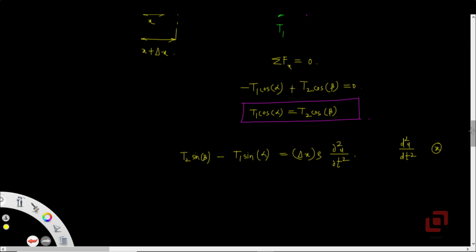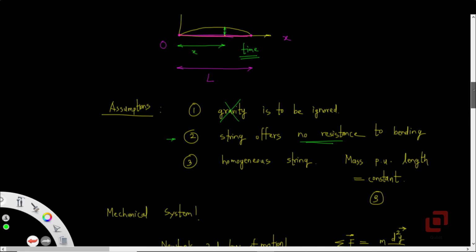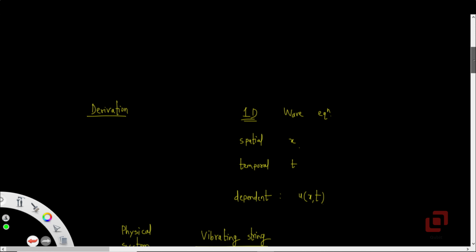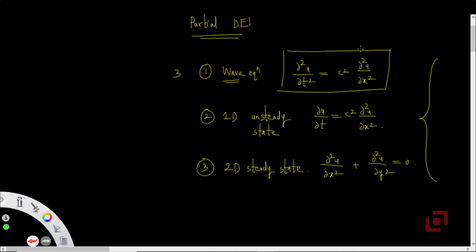So now you may have noticed that one of the partial derivatives which exists in the differential equation that we are studying, this one, has already come, the second derivative of u with respect to t, because we have used Newton's second law of motion. Now let us see how to bring in the second derivative of u with respect to x.